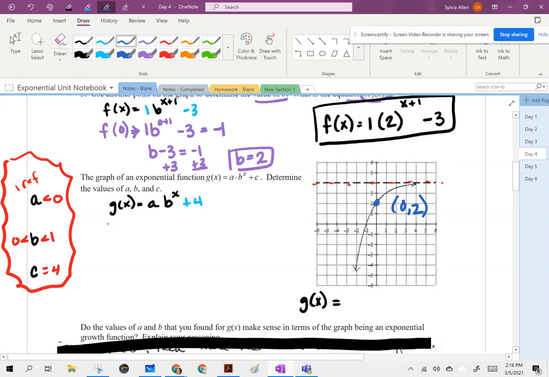And so when I plug in 0, I'm going to get a times b to the 0 plus 4, and that is going to equal 2. So that's easy because b to the 0 power is just 1. And so now I'm going to subtract 4, and I am going to get a is equal to -2.